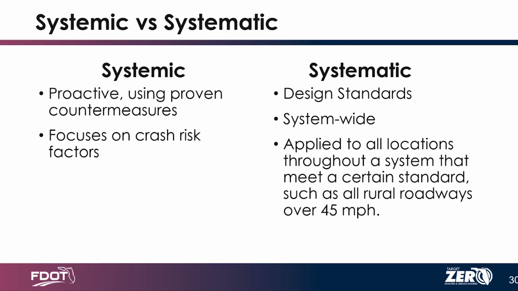Or putting bright sticks on stop signs where it is dark, unlit, low volume, high speed rural locations. If you put bright sticks on every stop sign, that's system-wide, that is systematic. While it might not be a design standard, it starts to become a policy, right?